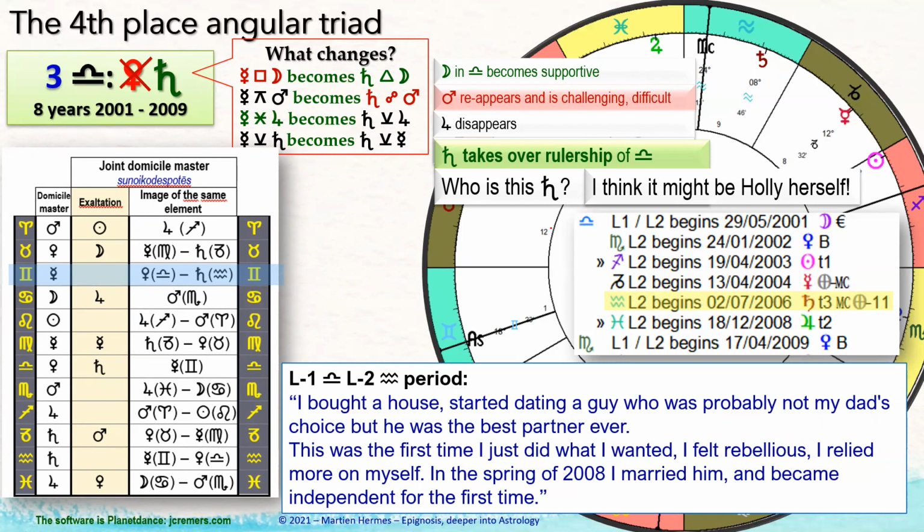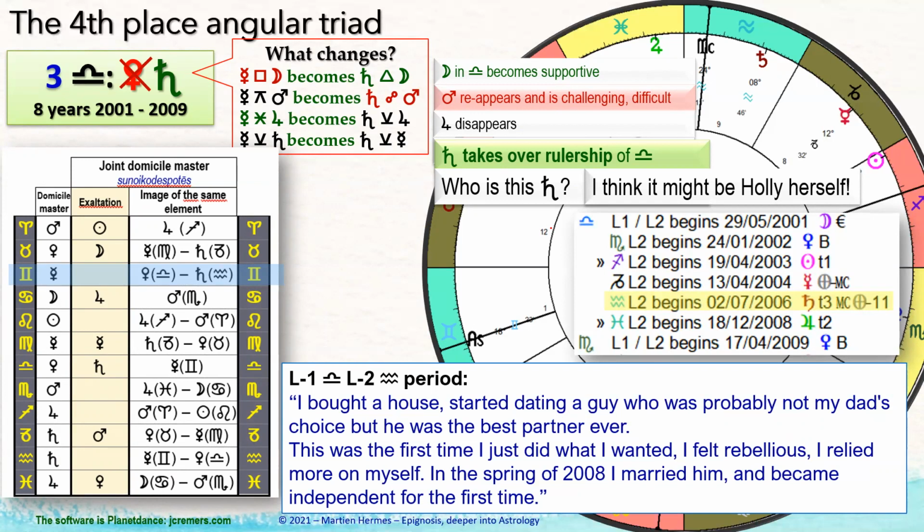Buying a house. Right. Started dating a guy who was probably not my dad's choice. The fourth place is associated with both parents, right? And some astrologers say it's the mother, but others say it's the dad. Now, in the ancient literature, it was both. But okay, it was not your dad's choice, but he was the best partner you ever had. So that's good. And this was the first time I just did what I wanted.